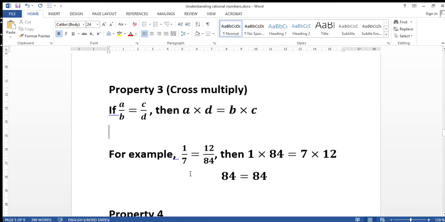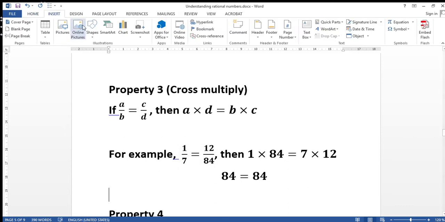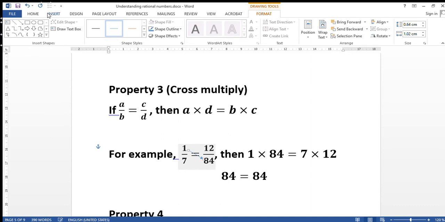Alright, so for example, we have 1 over 7 equals 12 over 84. So what happened here? We take number 1 and multiply it with 84. And then for number 7 here, multiply it with 12.